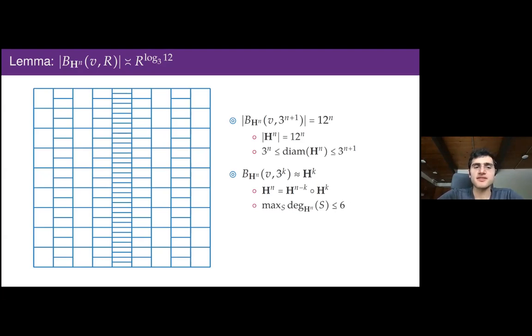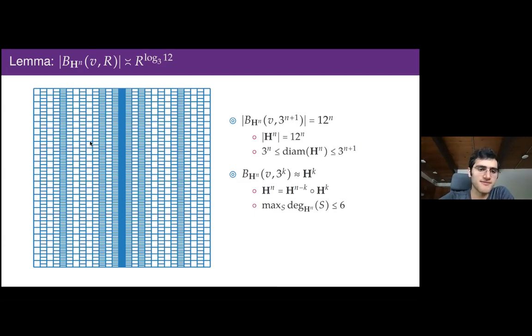Using this symmetry, you can prove this by induction on n. And if you have that, then you can see that every tile has 2 neighbors on the right, 2 neighbors on the left, one on top and one on bottom. And so we get the desired degree bound. It should be easy to see.